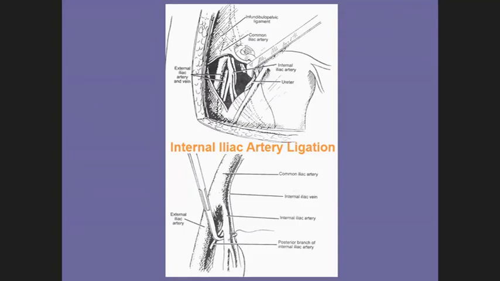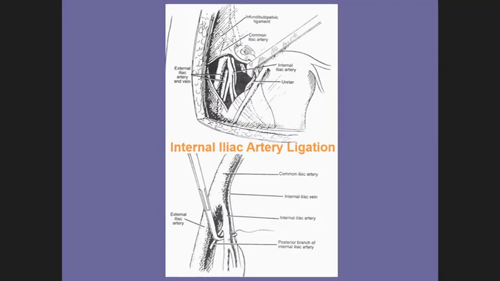So when I do it, I know I'm doing the internal iliac, I can see the external iliac, but still I check the pulse of the limb, because sometimes there can be big collaterals from external to internal. So we never know what these people are. Therefore, I always check the pulse of the limb on the side of the internal iliac ligation.